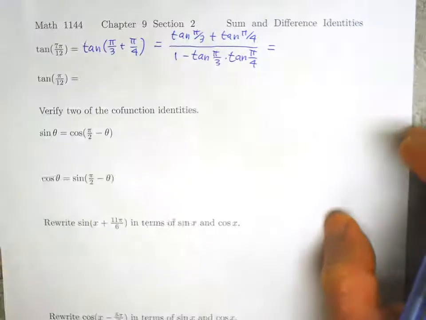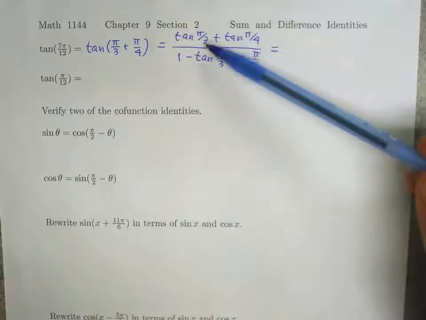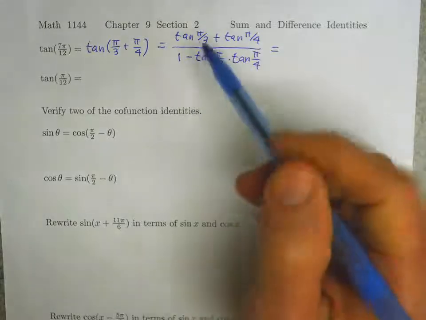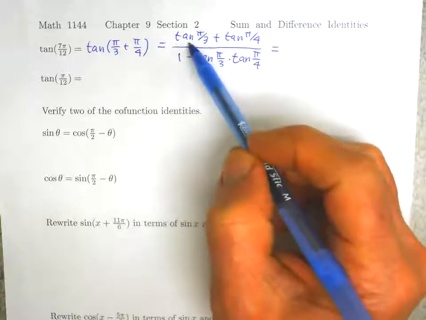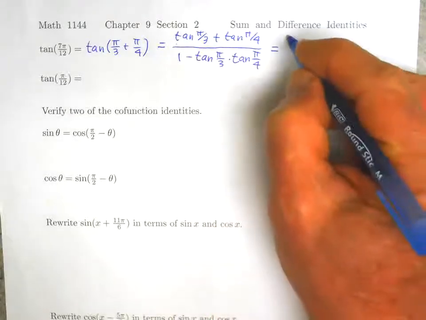Okay, so the angles are special angles. The tangent of pi over 3, well, you can think, that's sine of pi over 3 over cosine of pi over 3. Sine of pi over 3 is the square root of 3 over 2, and cosine of pi over 3 is 1/2. So if you momentarily forget, you can think through the process that tangent of pi over 3 is just the square root of 3.